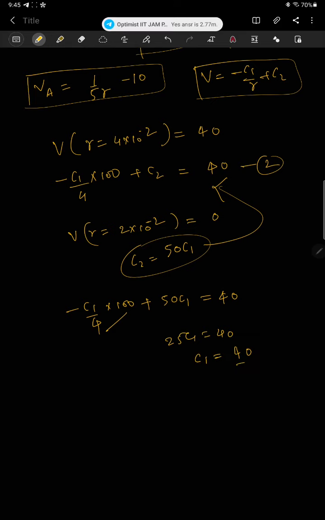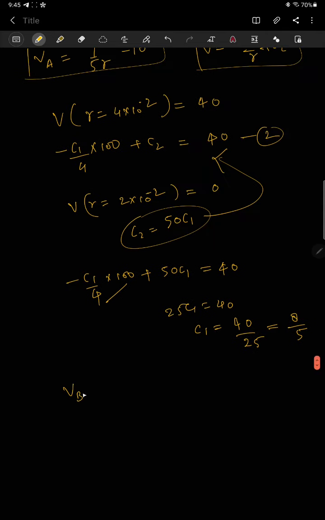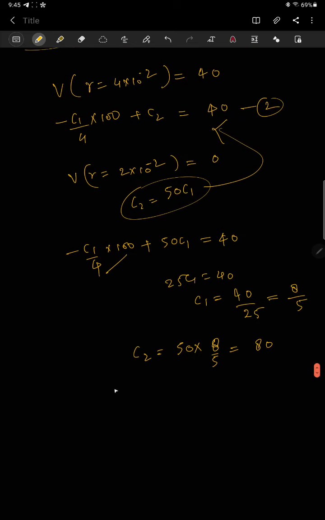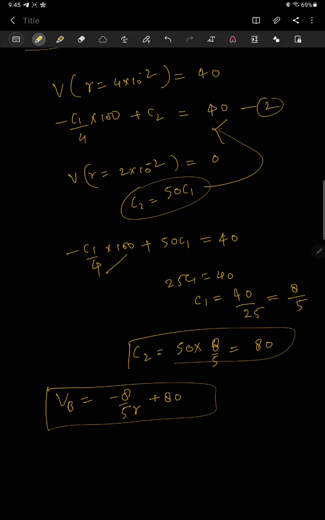C1 is equal to 40 by 25, 8 by 5. So let's find the C2 also. 50 multiplied by C1 is 8 by 5, which gives you 80. Right, so VB equals minus 8 by 5 R plus C2, which is 80. So this is the potential in VB region.